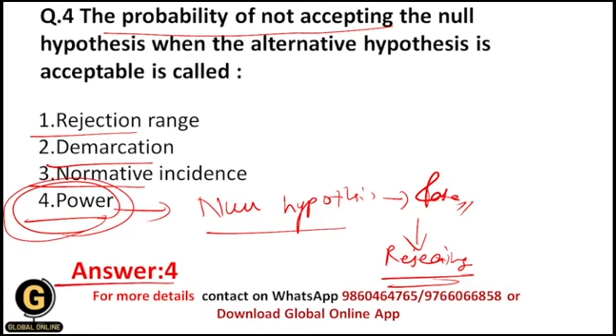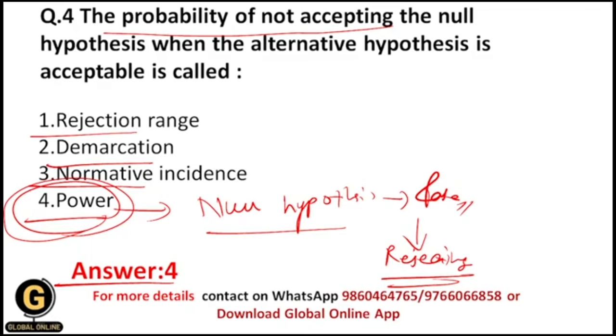And that's why you can also say that power is the probability of avoiding type 2 error, or power is the probability of not making type 2 error in simple words. There are lots of definitions for power, but in simple words you can say that power is the probability of not making type 2 error.